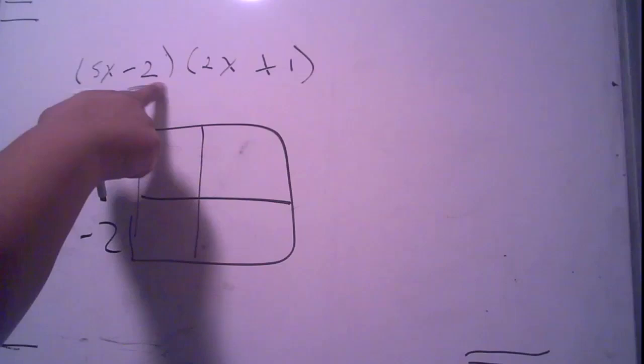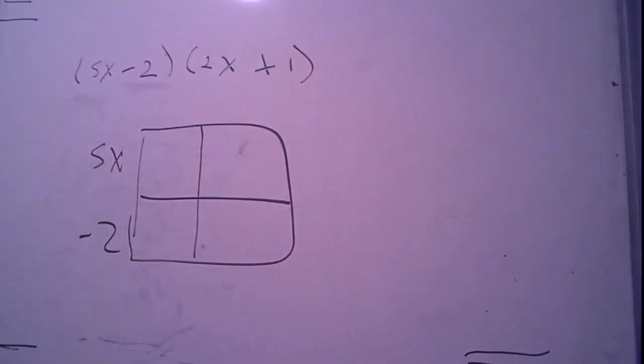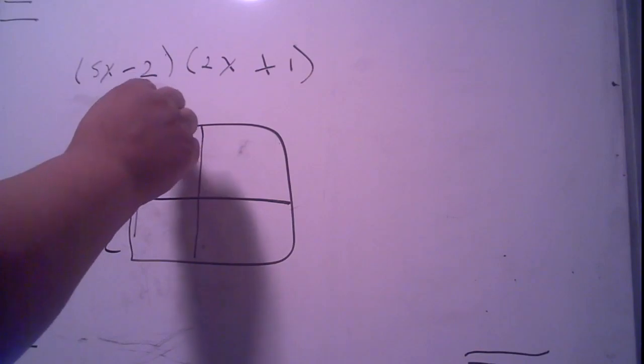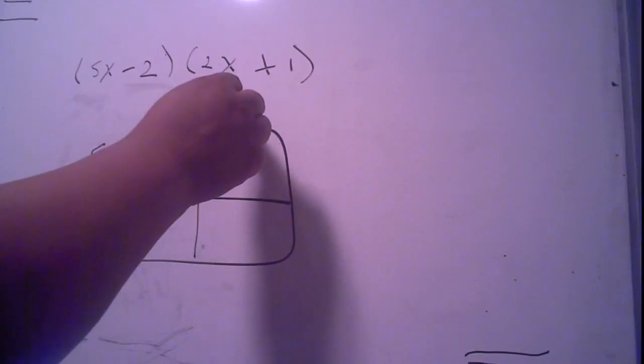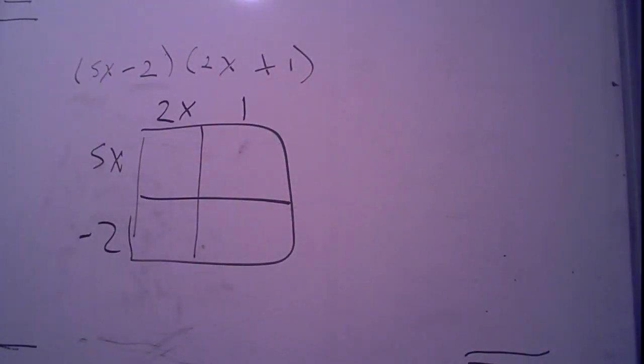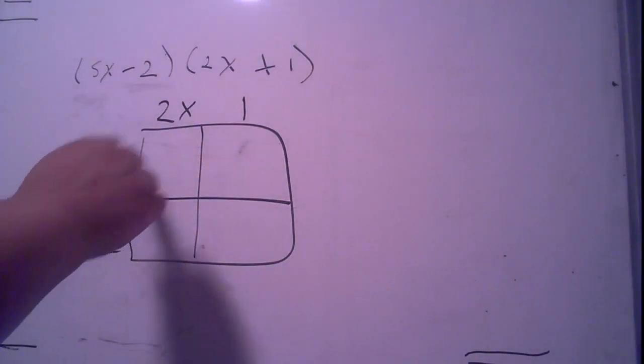Notice we have a negative. I purposely chose a negative because last time we had to add them. We're still going to add them, but sometimes instead of just adding, we're also going to do a subtraction. So now we put this one on top, 2x and plus 1. Now we're going to multiply terms, item by item.